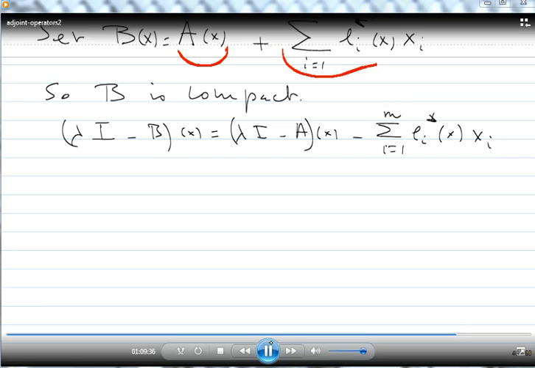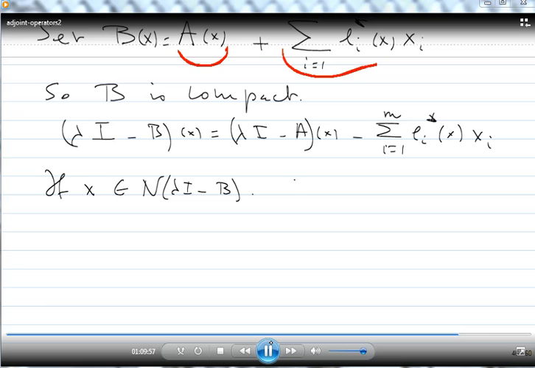Now what happens if x belongs to the null space of lambda I minus B?